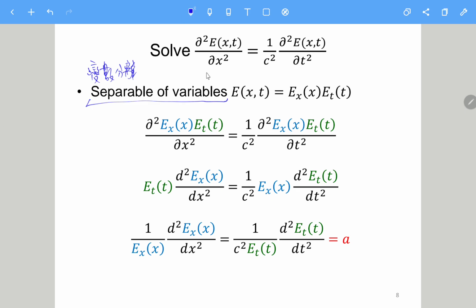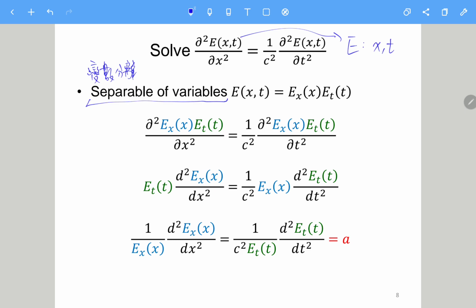Okay, so the idea is that here we know E is a function of x and t. Of course, it may be something coupled together.